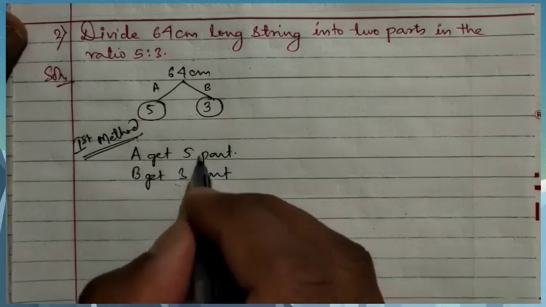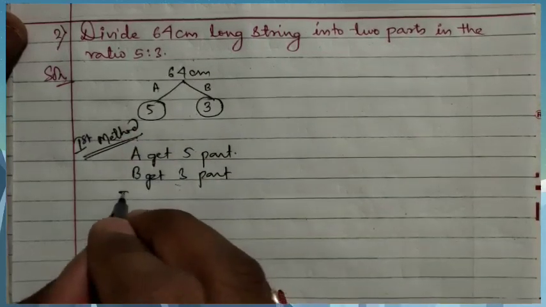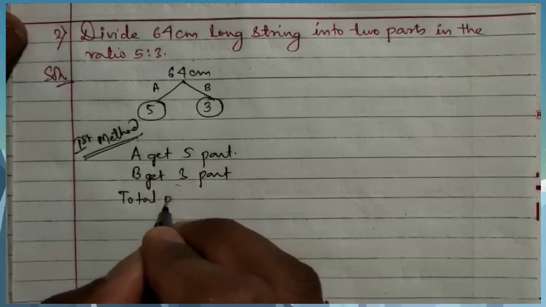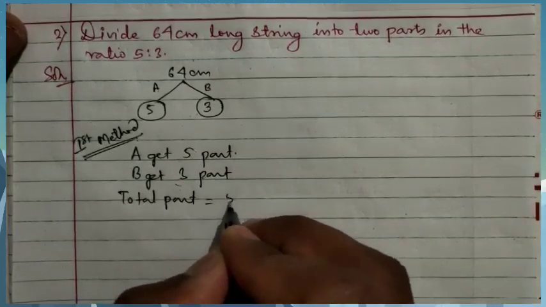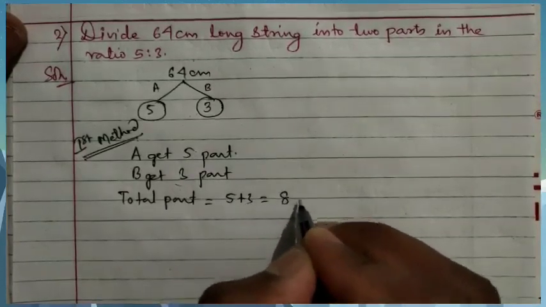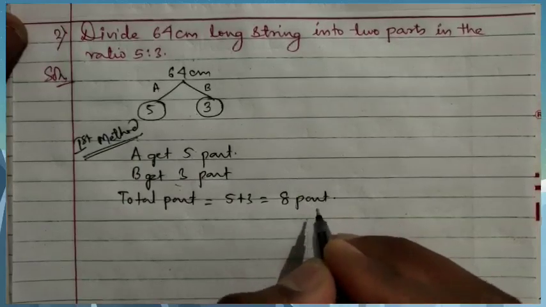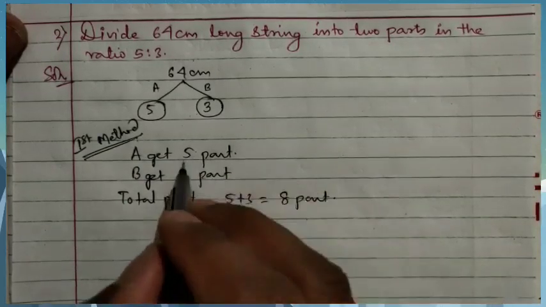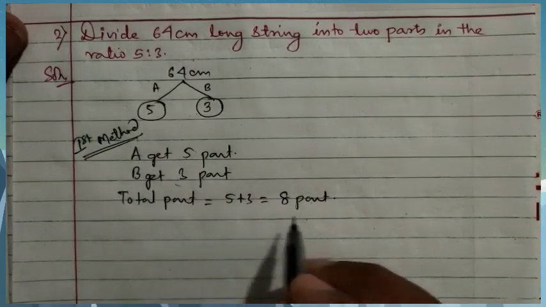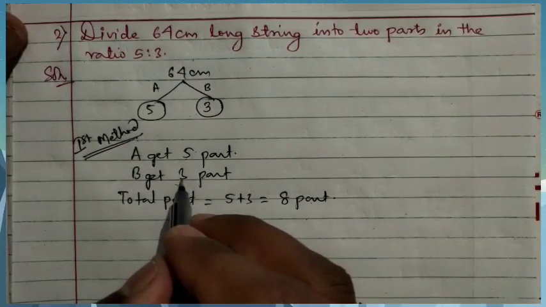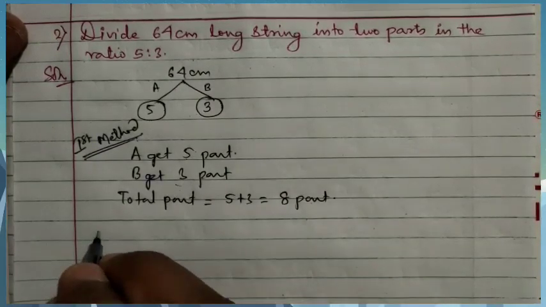These two together make 64 centimeter. Total parts is 5 plus 3, that means 8 parts, and out of these 8 parts, A is getting 5 and B is getting 3.